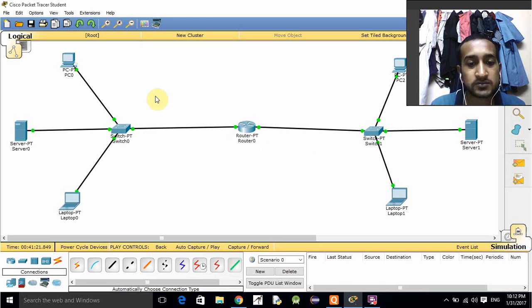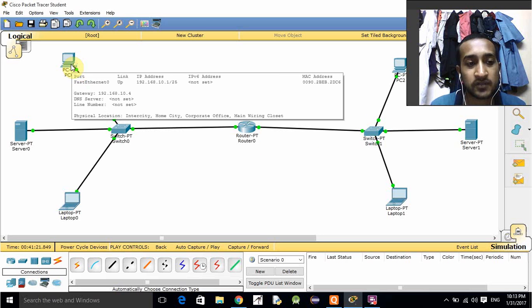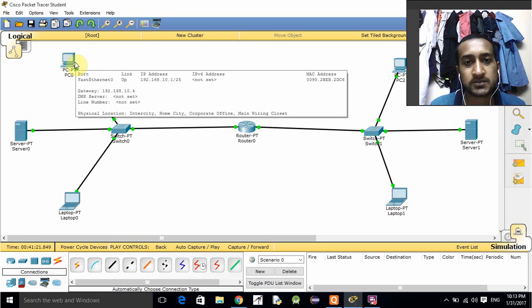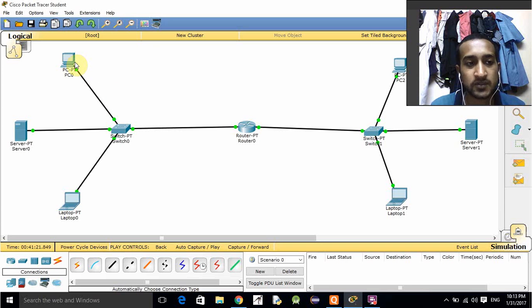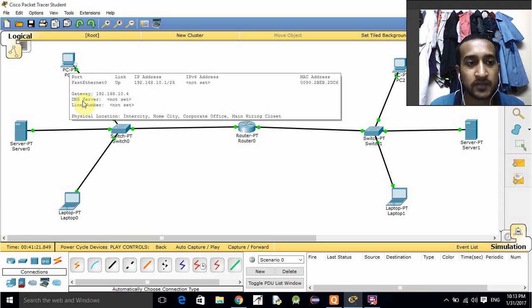To solve that issue, we are going to give a default gateway. This default gateway is used when the packet is not able to find the IP in the same network, so it will take the default gateway path and reach the second network. So everywhere we are giving this gateway, known as the default gateway.